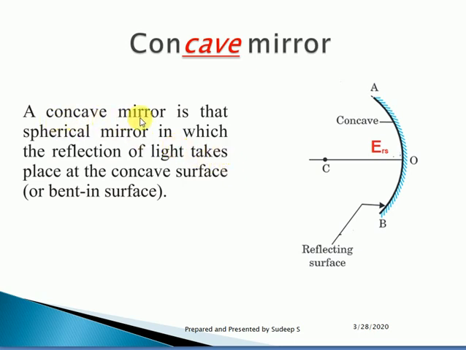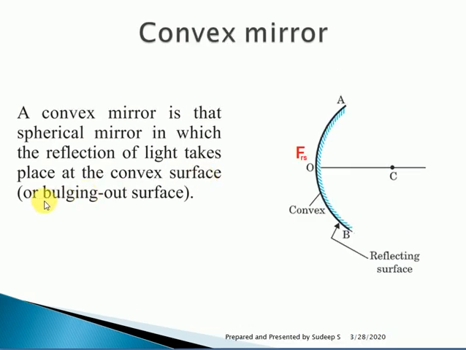A concave mirror is that spherical mirror in which the reflection of light takes place at the concave surface or bent-in surface. So this surface is the inward surface, which is represented by E as the reflecting surface, and the outward surface is shown by oblique lines.